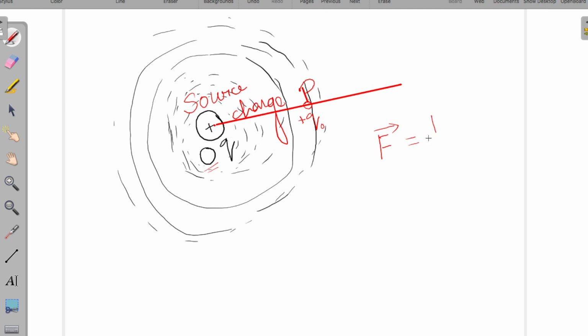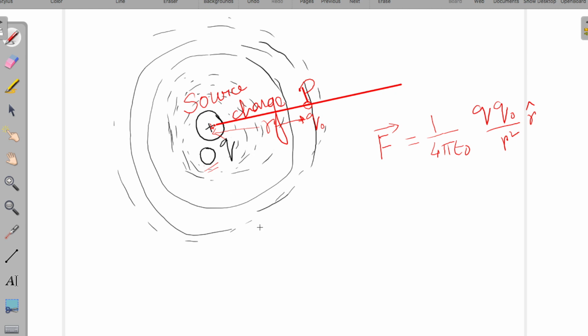If the distance from the center of the source charge to the center of the test charge is small r, then the electrostatic force experienced by the test charge is given by 1 by 4 pi epsilon naught, Q Q naught by r square, r cap.